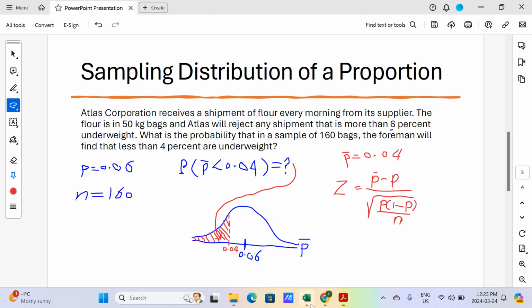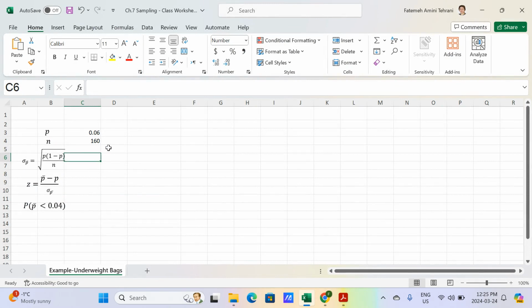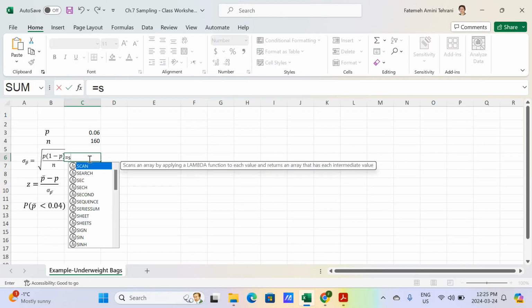Let's go to Excel to find the probability we look for. Look at here, it's the Excel file for the same question. So population proportion is 0.06. Sample size 160. Let's find sigma P bar, or square root of P times 1 minus P over N, first. So I need a square root function.